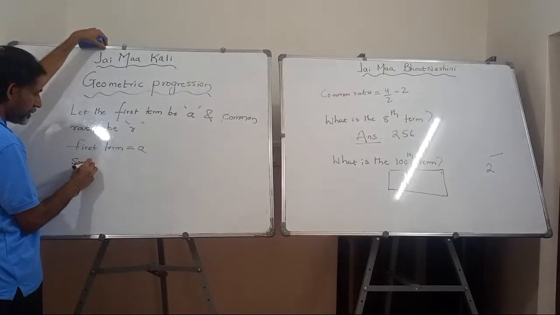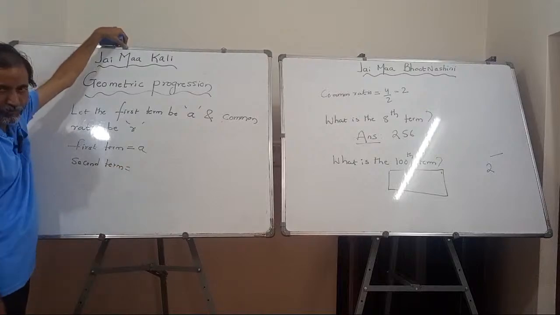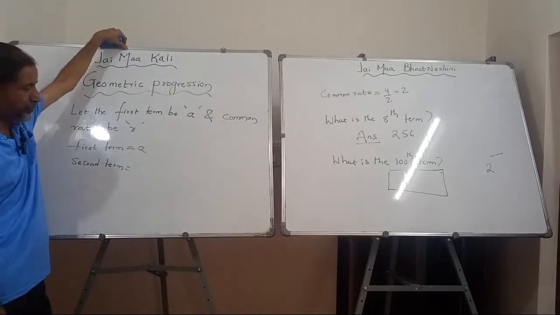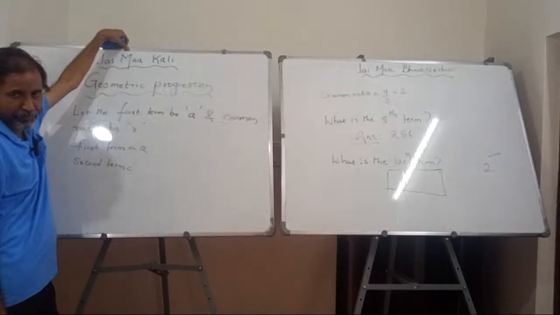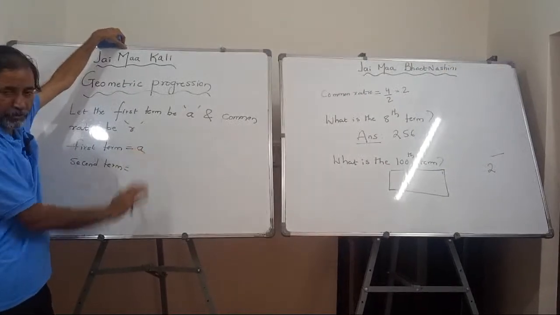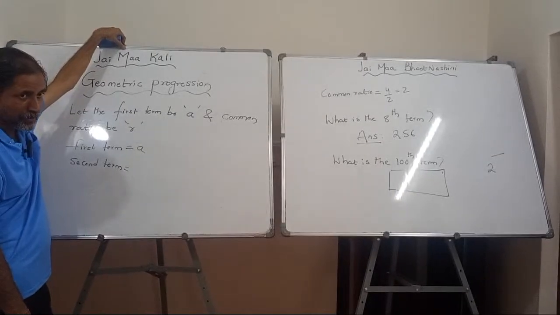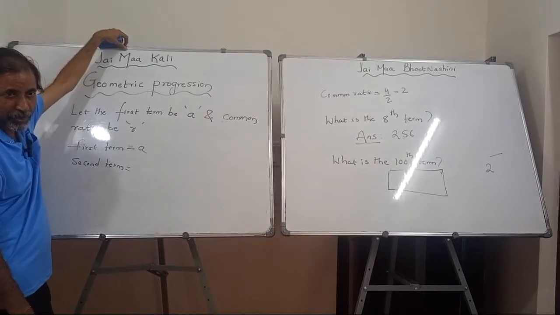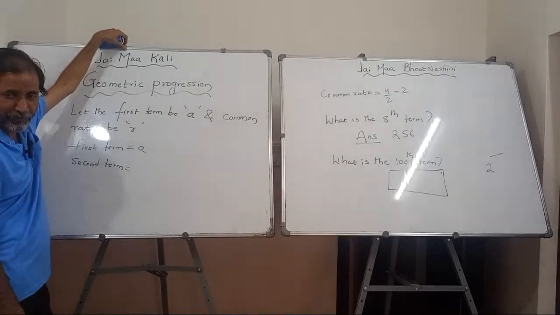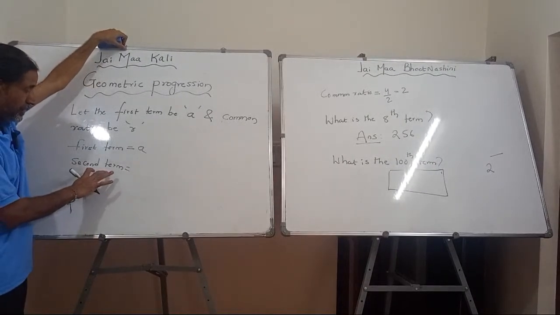So second term is? Think and tell. The ratio between these two terms is r. This term by this term is equal to r. Think again. Tell me in terms of a and r.